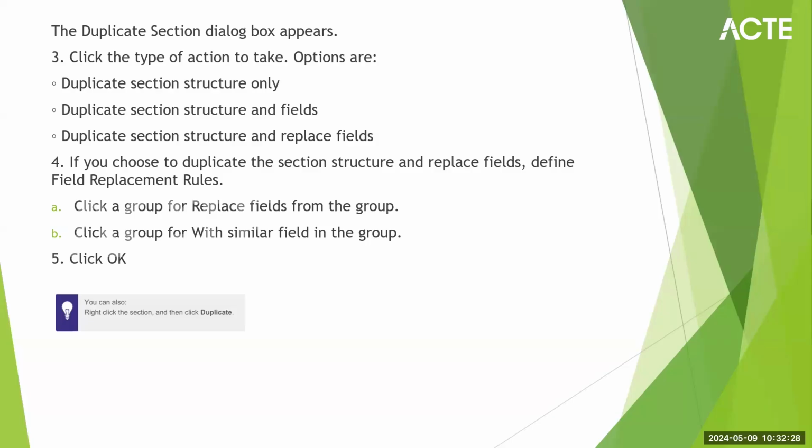Initially you can click on a group for replace fields from the group, and you can map the respective fields which you wanted to give. You can move manually in that particular group by down arrow or right arrow.